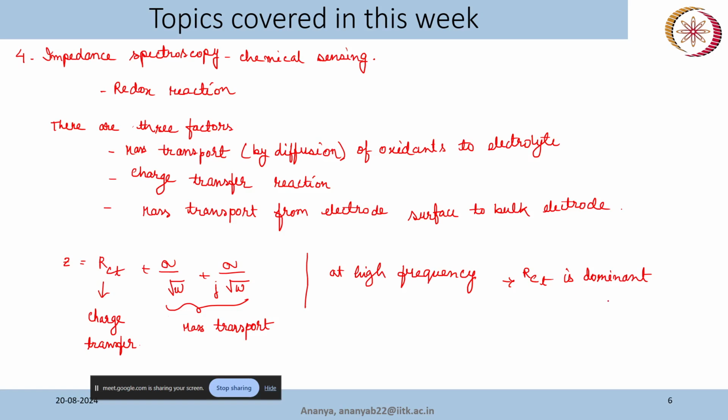That means we are in a kinetics limited regime, and at low frequency mass transport is dominant. So the effect of mass transport affects the change in impedance more compared to the kinetics of the chemical reaction.